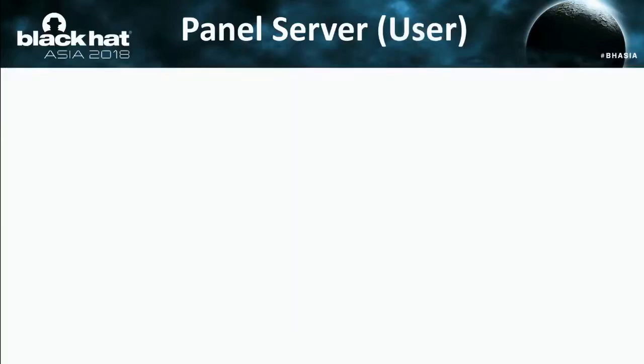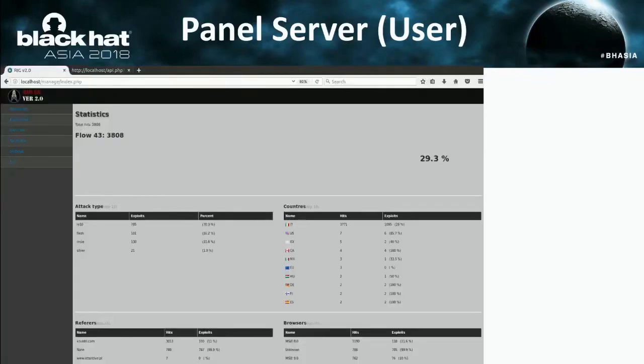From now on, I will show you the user account. So if you are the attacker, or if you are using the exploit kit as a service offering, then you will get a page something like this as a user.